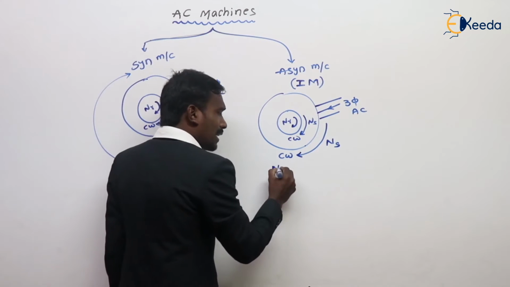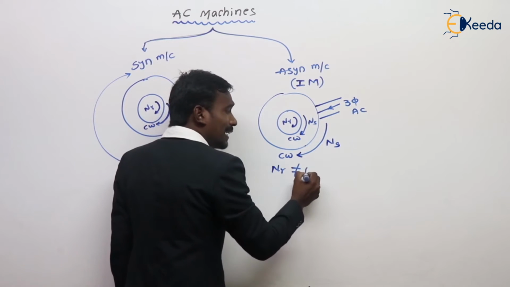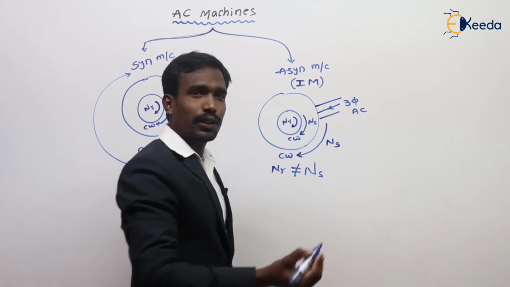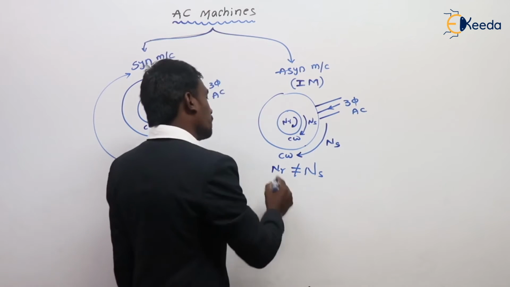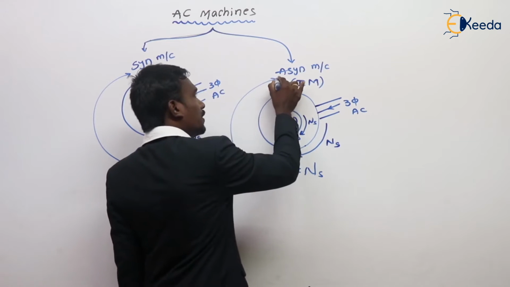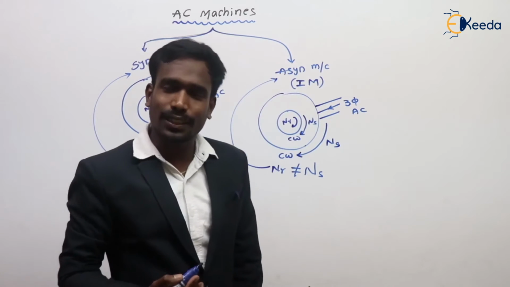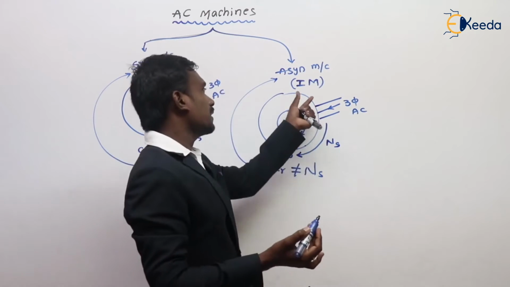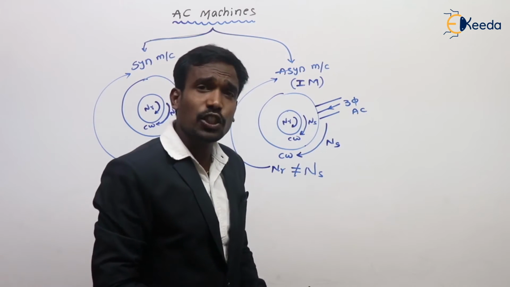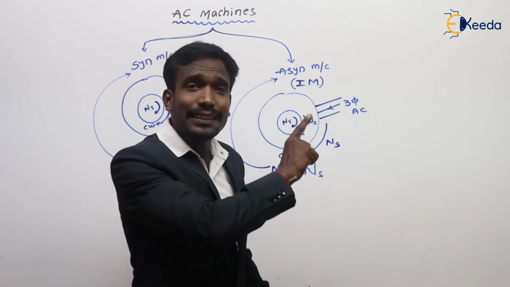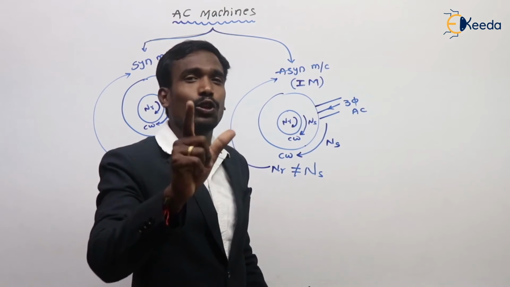If my rotor speed is not equal to synchronous speed, that machine is called asynchronous machine, or simply induction machine. In an induction machine, the rotor speed never equals synchronous speed.